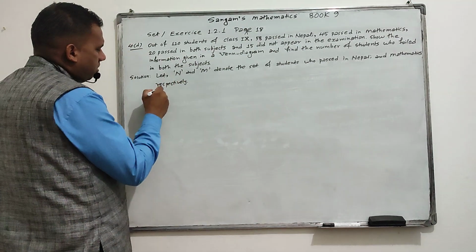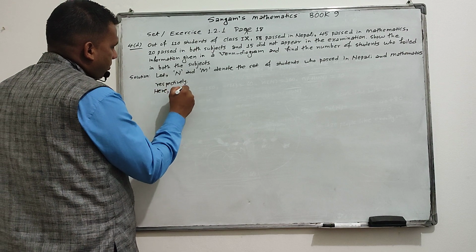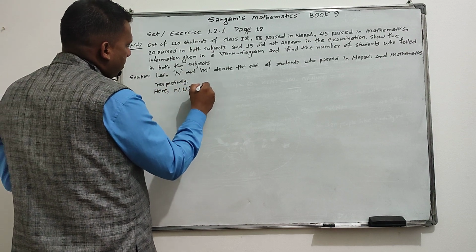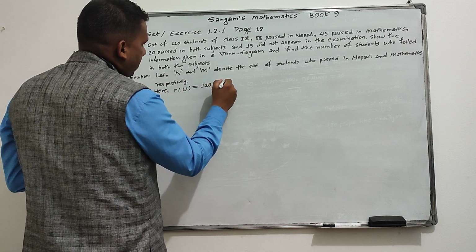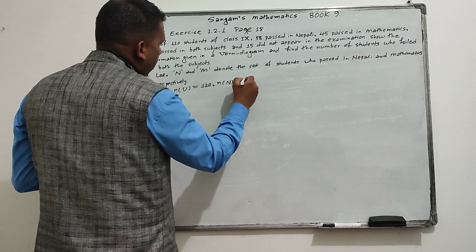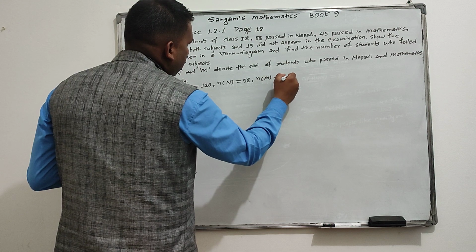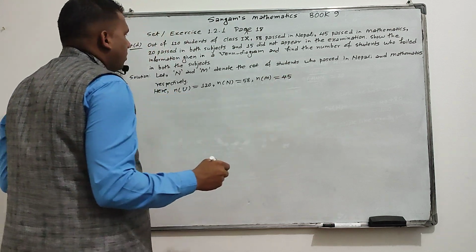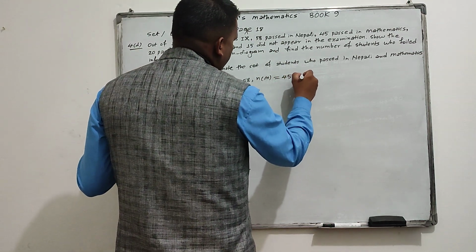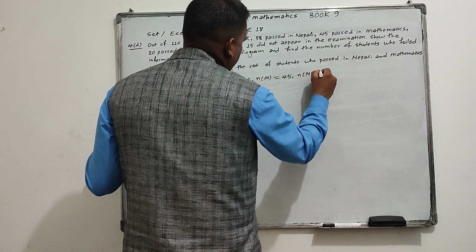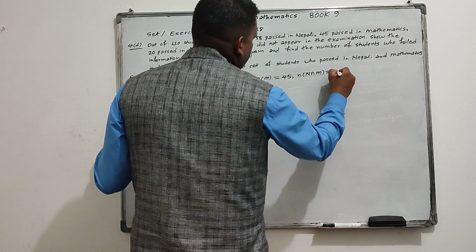Here, n(U) equal to 120, n(N) is 58, n(M) is 45, n(N intersection M) equal to 20.